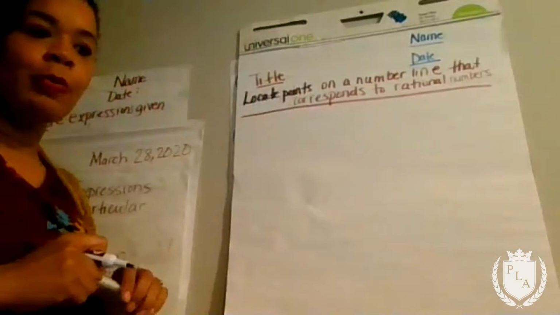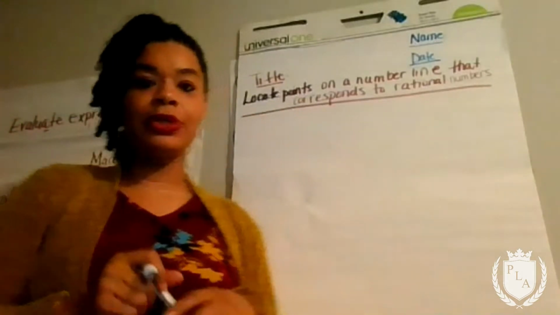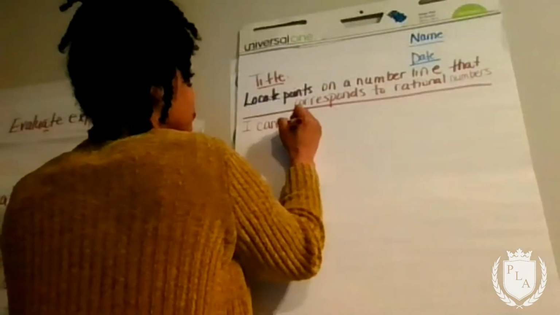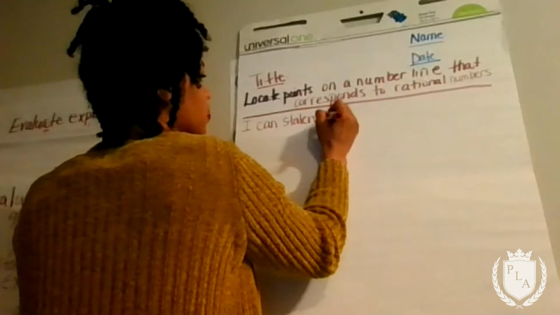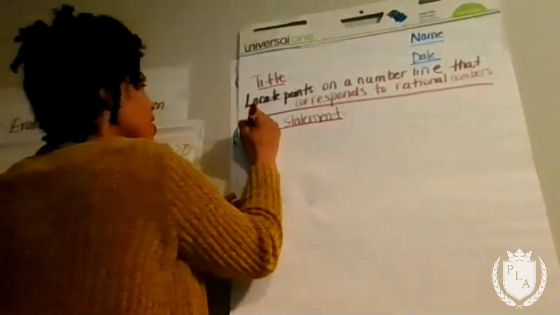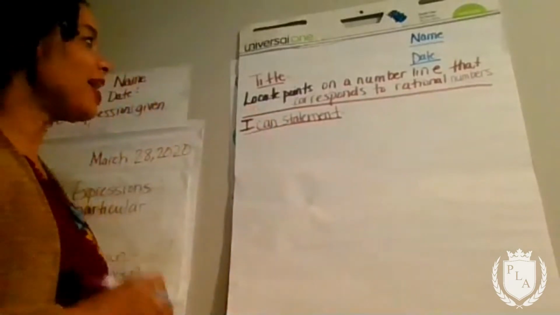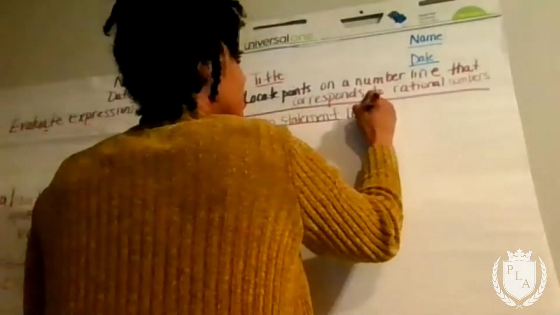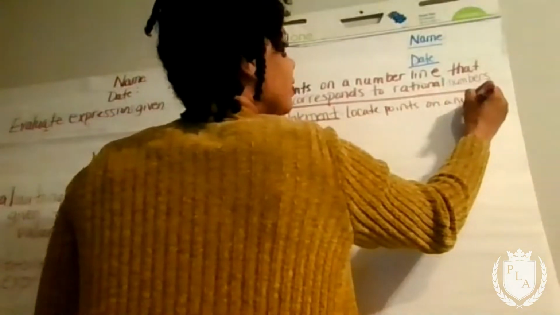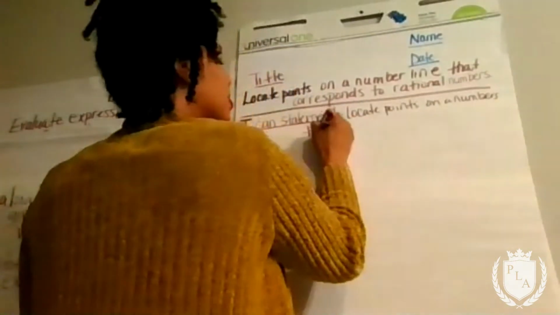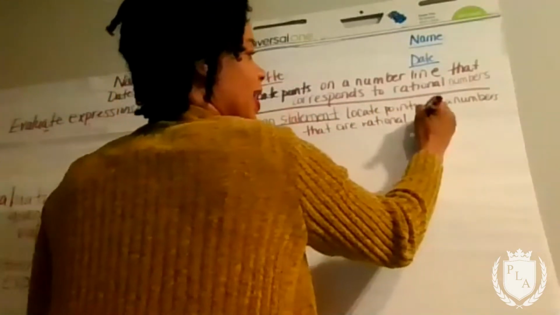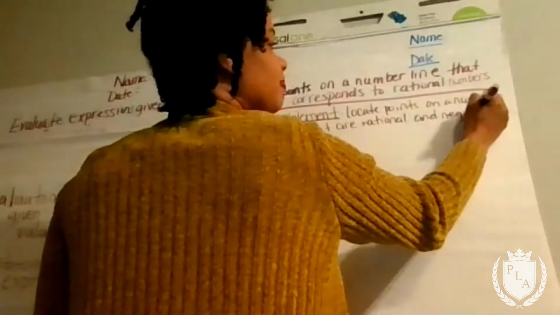Okay. So before I begin any lesson, I want to create an I can statement. I can, you can, we can. I can locate points on a number line that are rational and, let's say, negative, okay?